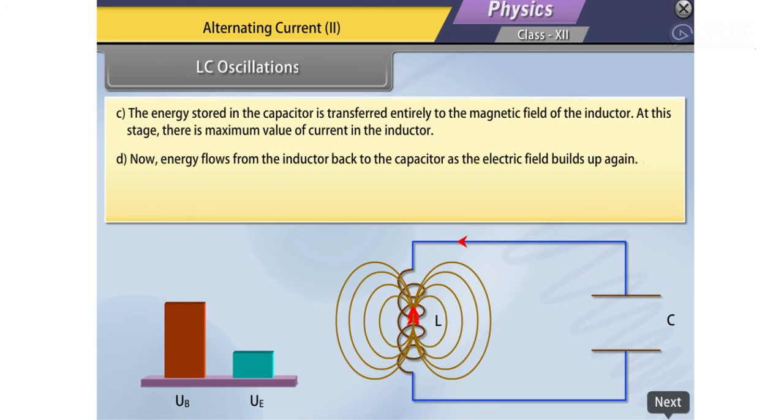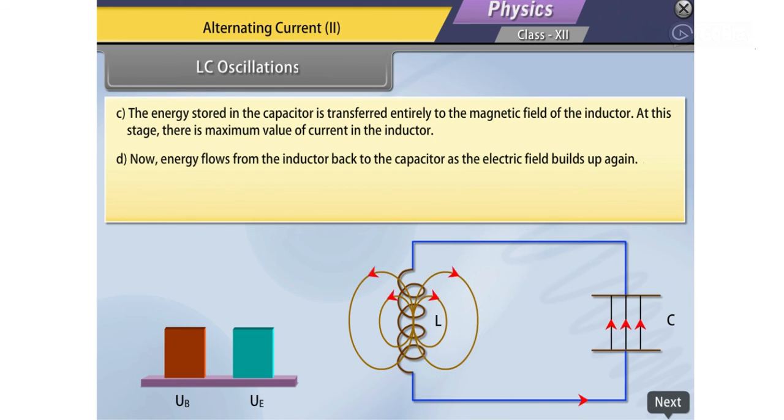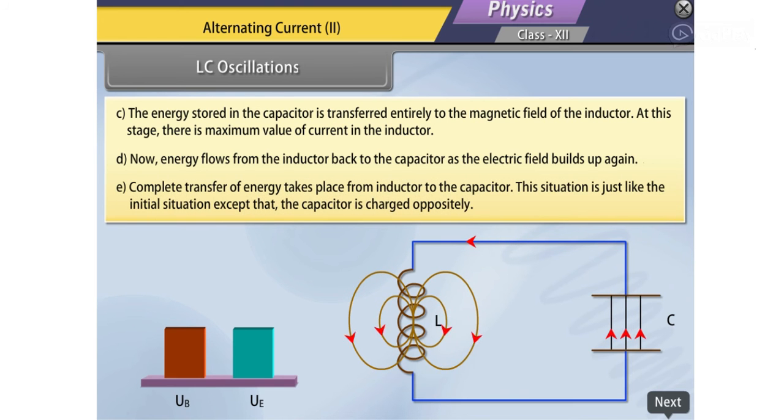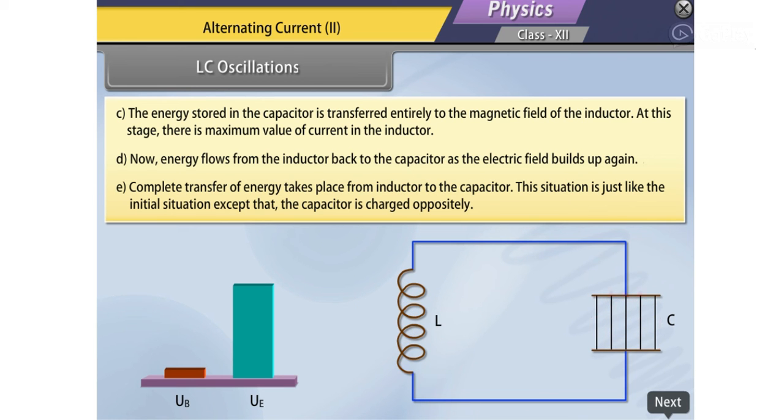Now, energy flows from the inductor back to the capacitor as the electric field builds up again. Complete transfer of energy takes place from inductor to the capacitor. This situation is just like the initial situation except that the capacitor is charged oppositely.